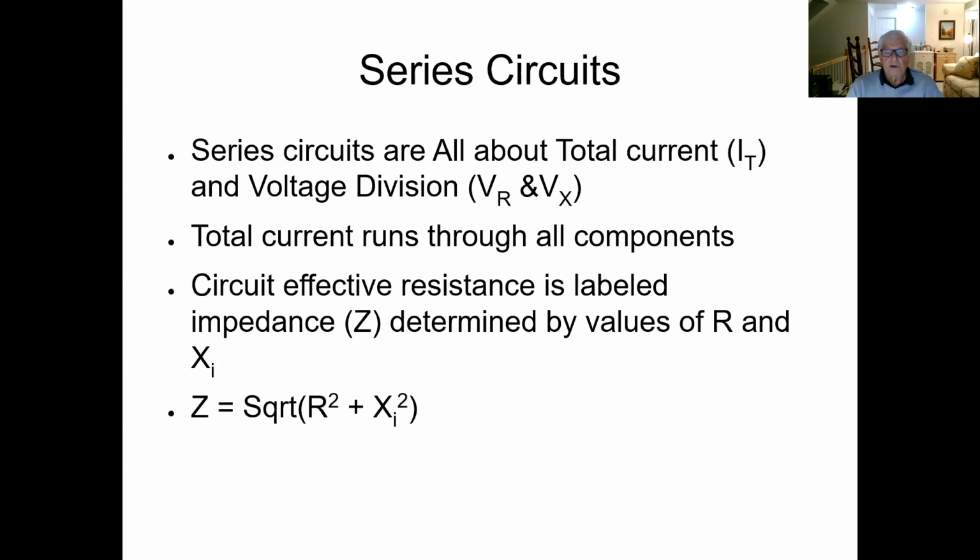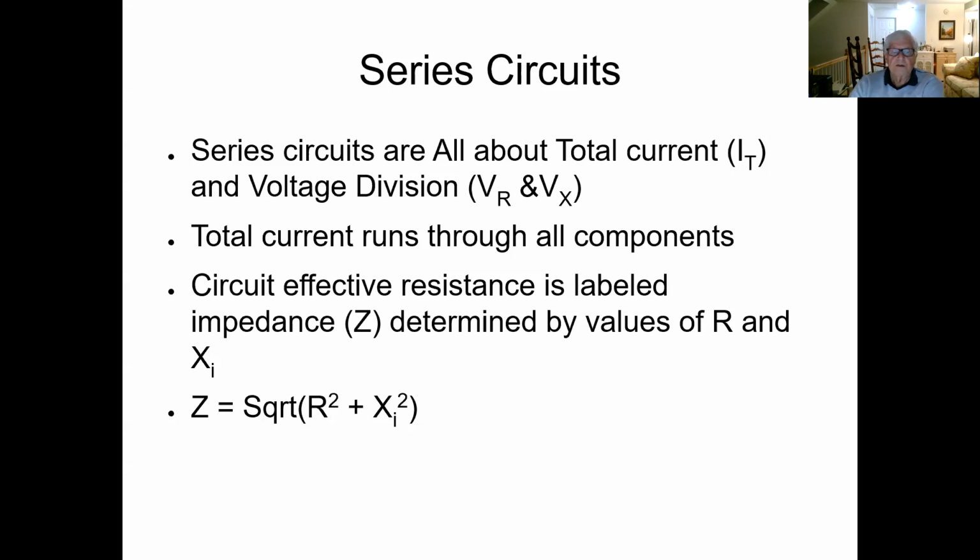But the total current runs through all components, and a circuit's effective resistance is labeled as an impedance. So both resistance and reactance contribute to total impedance.